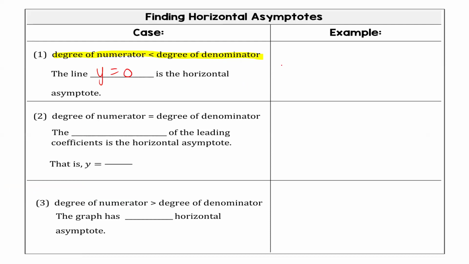So for example, we have y equals x minus 2 over x squared minus 9. The degree of my numerator is 1. The degree of my denominator is 2. In this case, the numerator is less than the denominator. So the horizontal asymptote is at y equals 0.